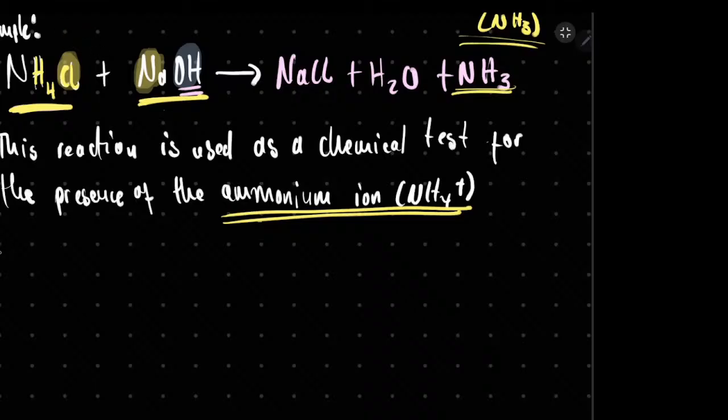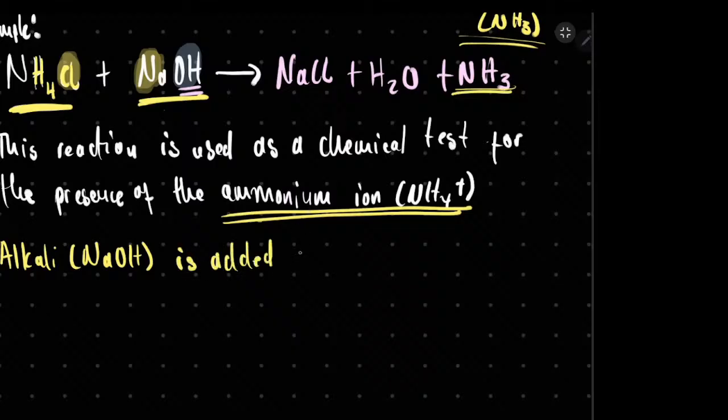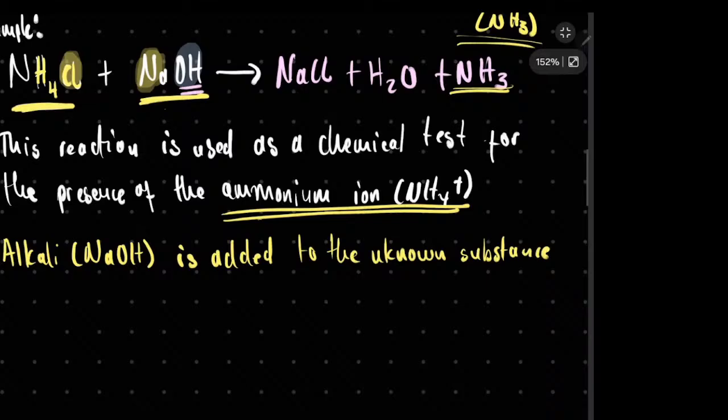So let's write this down. Alkali, like NaOH, is added to the unknown substance. You don't know, does it have NH4? So you take your alkali, you add it there, and gently warm.